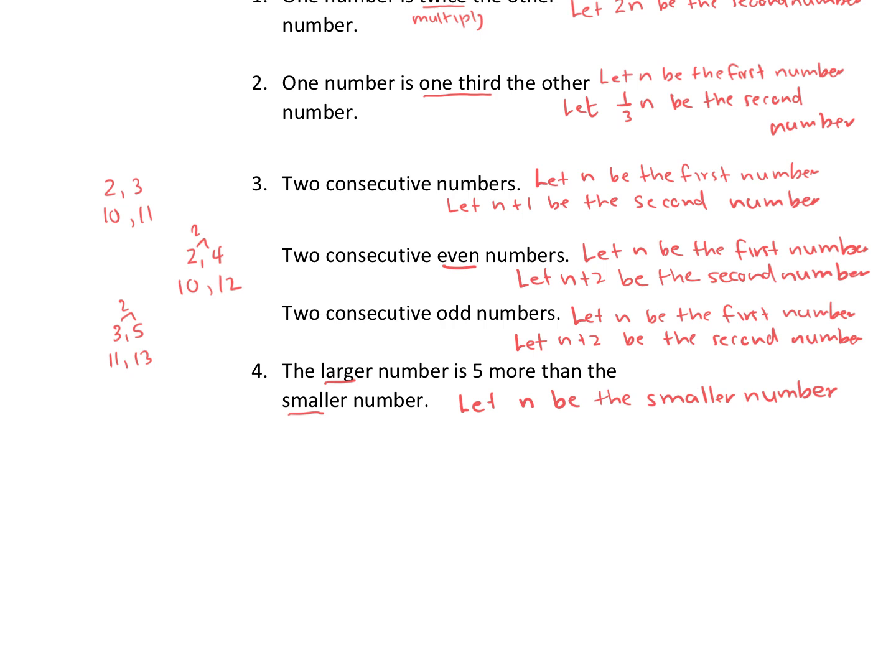The larger number is 5 more than n, so that is n plus 5. So I'm still using the same variable. n is the smaller number. The larger one would be 5 more, so it would be n plus 5.